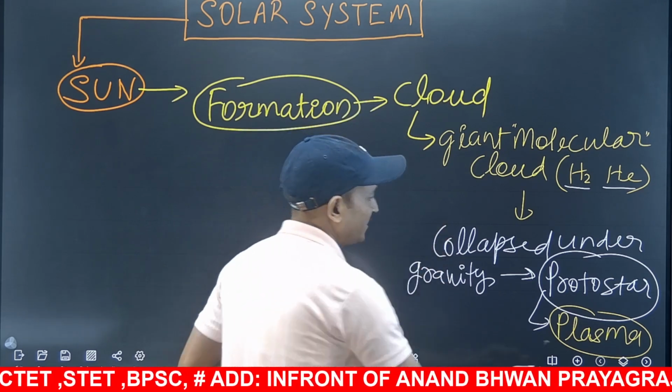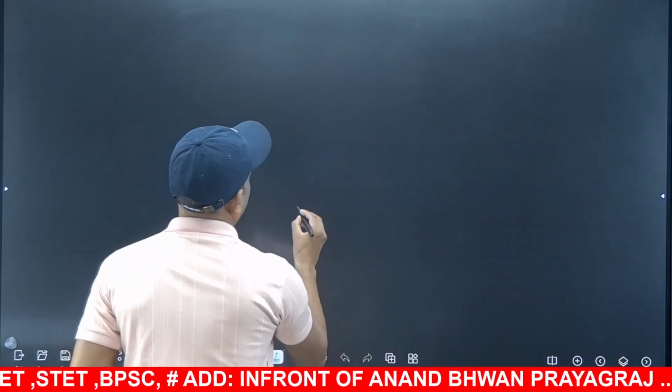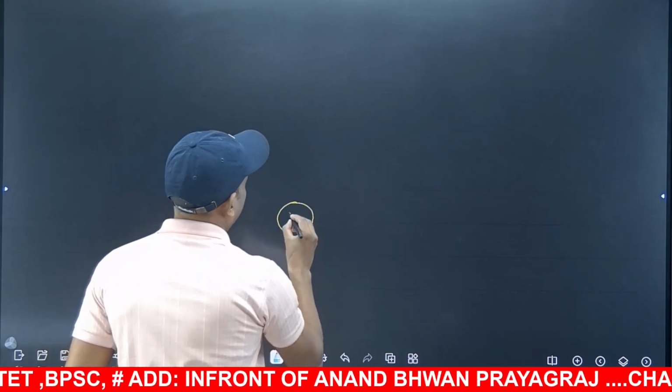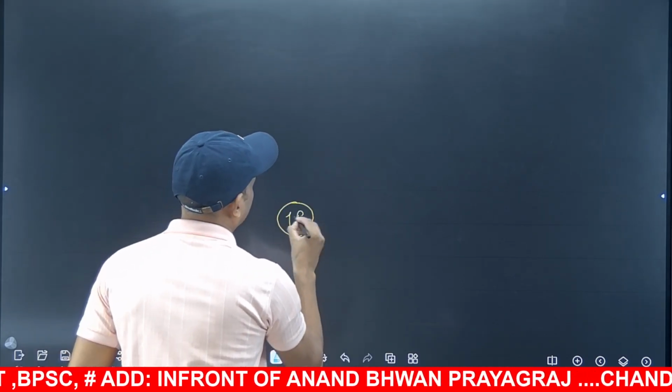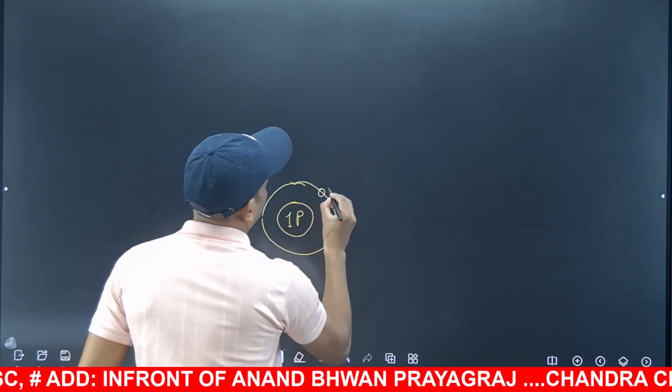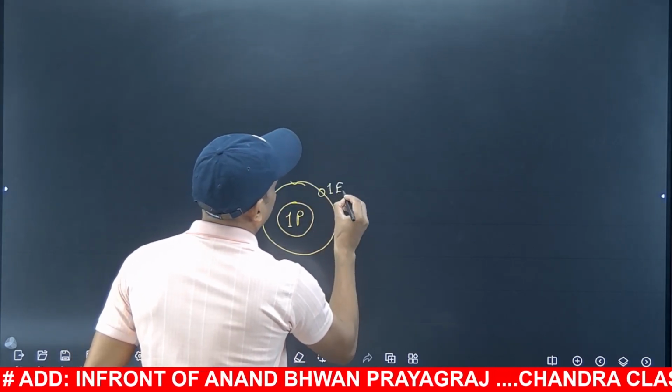For example, this is the nucleus of the hydrogen atom having one proton, and there is one electron in the orbit.